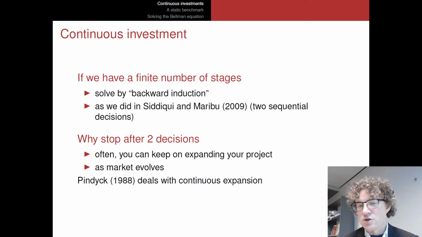So there is no natural endpoint here, so there's no natural point at which you would stop investing. There's always the opportunity to keep on adding capacity to your plant, to your firm, as demand grows further.